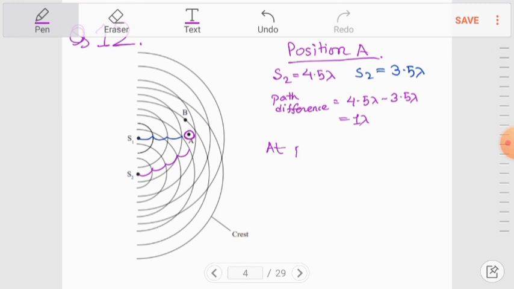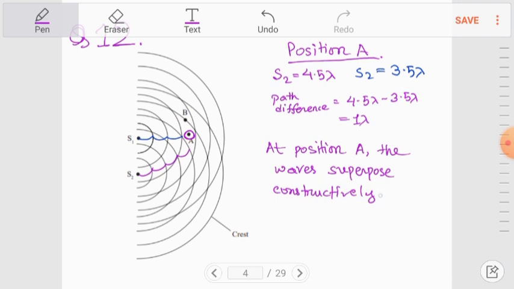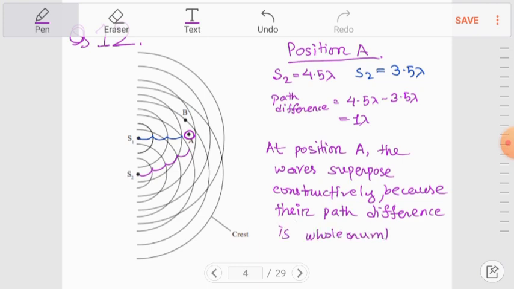At position A, the waves superpose constructively because their path difference is a whole number of lambda. And this was the explanation for position A.